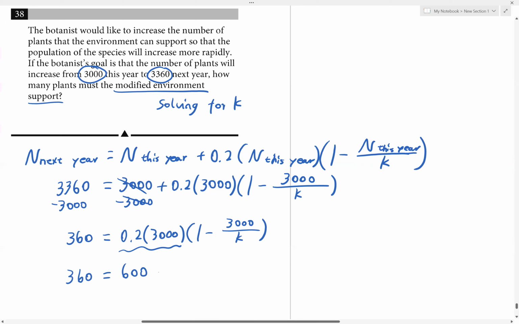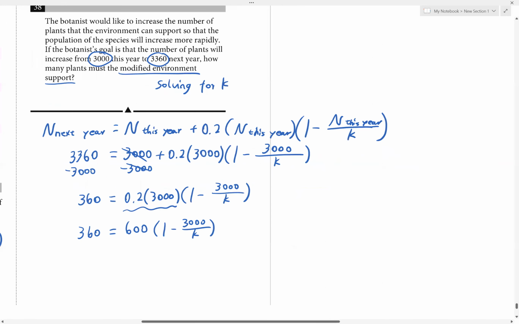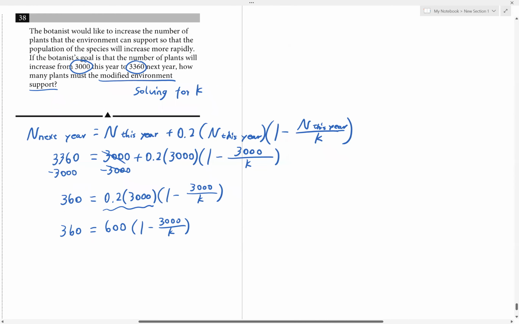So 360 equals 600 times 1 minus 3,000 over K. Here you can either distribute the 600 or divide by 600 on both sides, and either way should give us the same answer in the end.